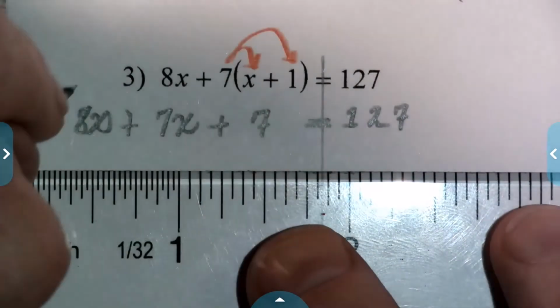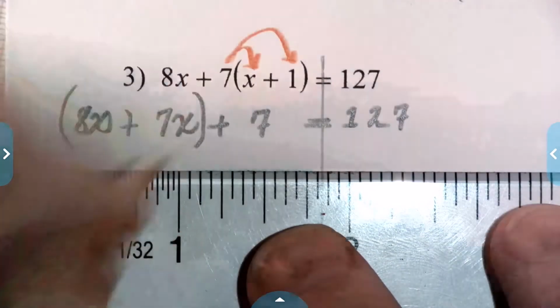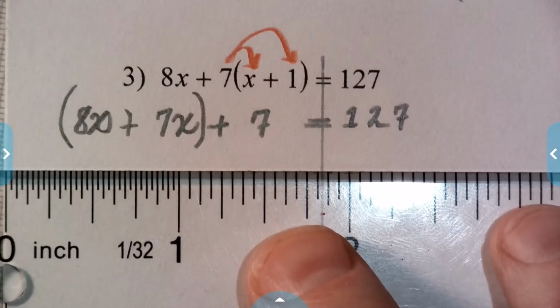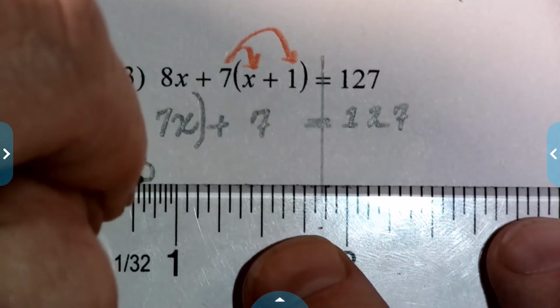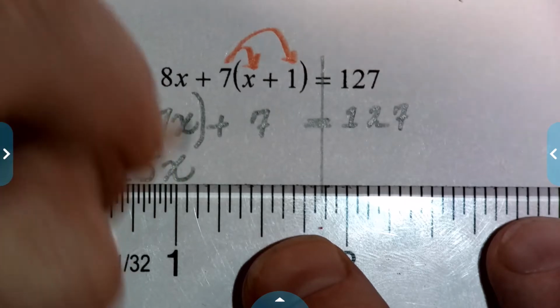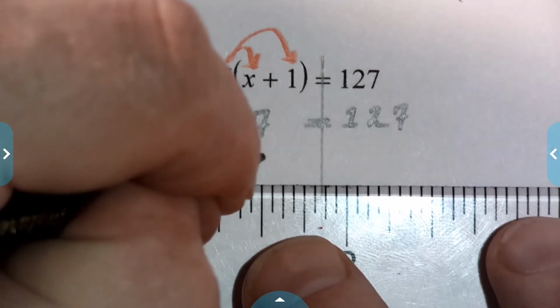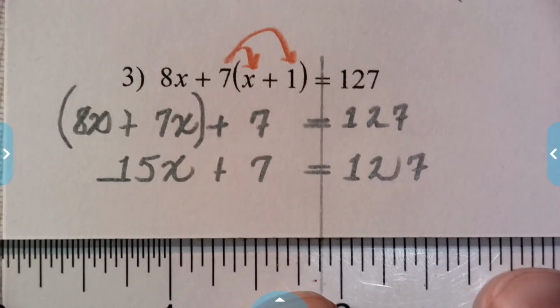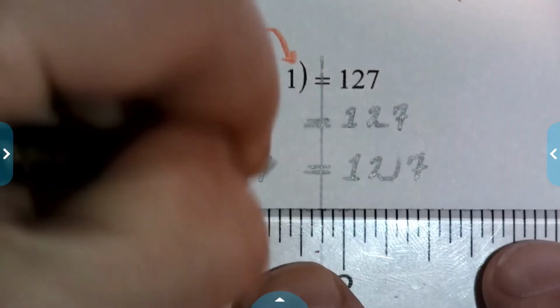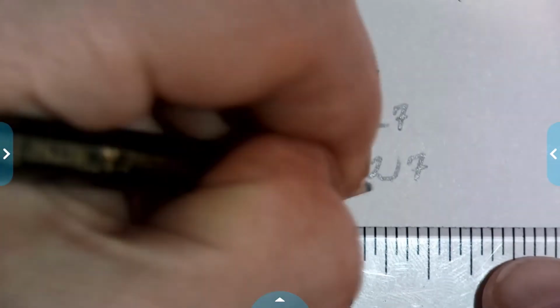Okay, well, the 8x and 7x can be added together to make 15x. So I've got 15x plus 7 equals 127. And I'm going to subtract 7 from both sides.